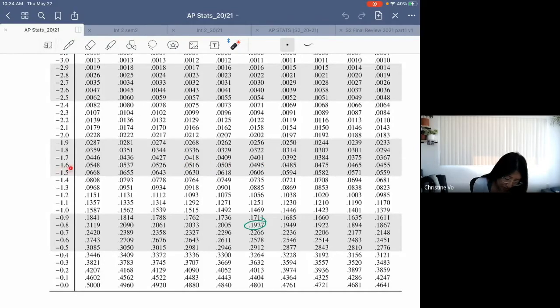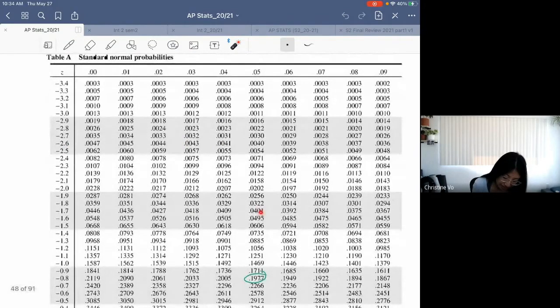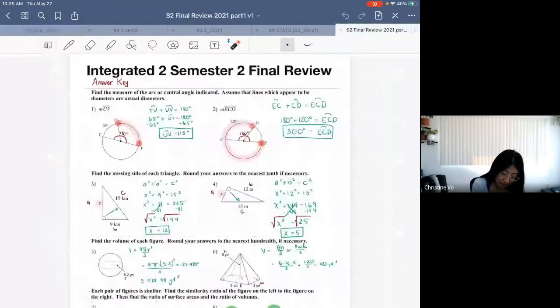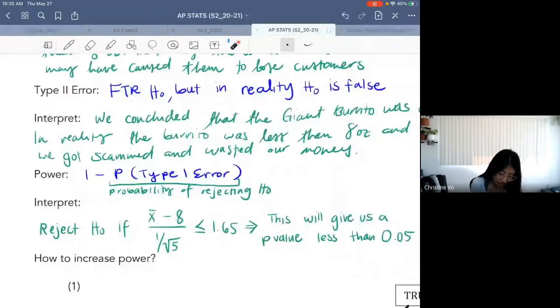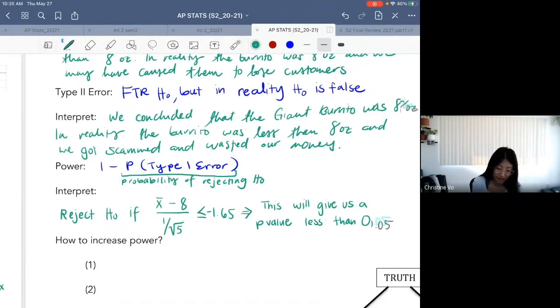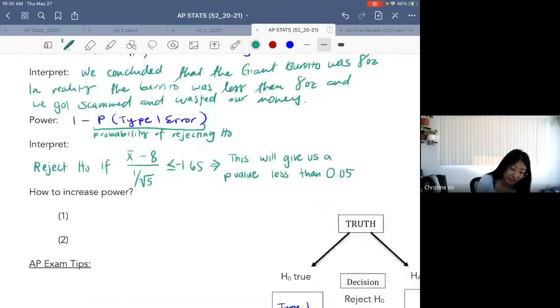So 1.65 is what I chose. Maybe you want to go 1.645. That's also okay, because we know that 0.05 is in between here. So that's how I got that value. And then just also ensuring that that value should be negative.